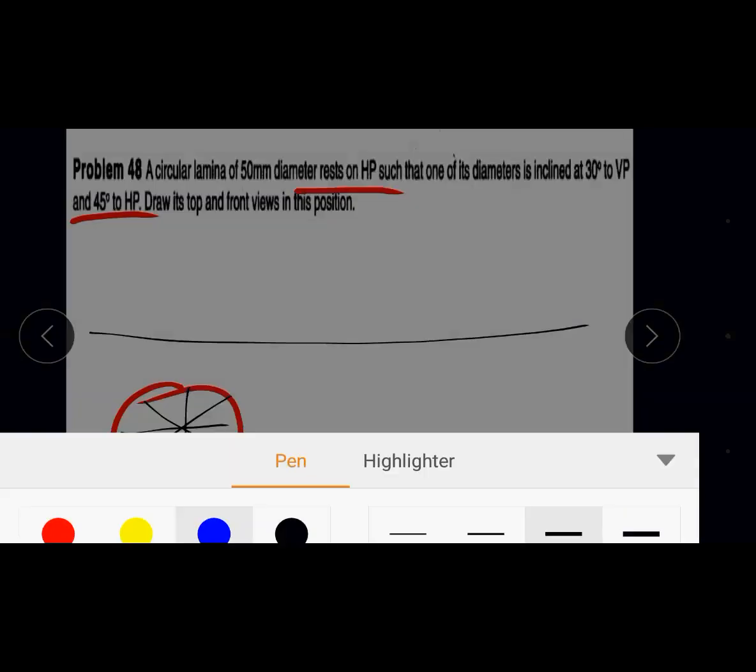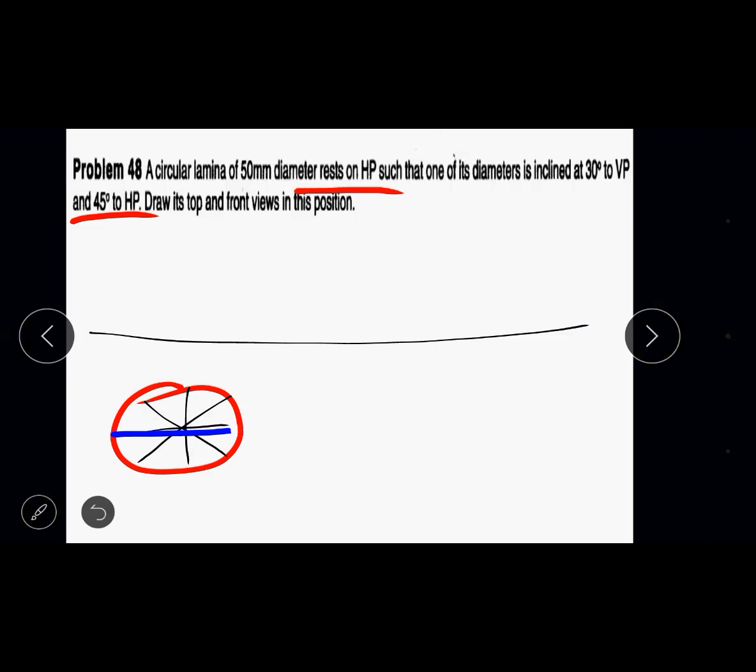You can see that one of its diameters, this is the diameter, is inclined 30 degrees to VP and 45 degrees to HP. The horizontal diametral line of the circle you have to take as a reference.